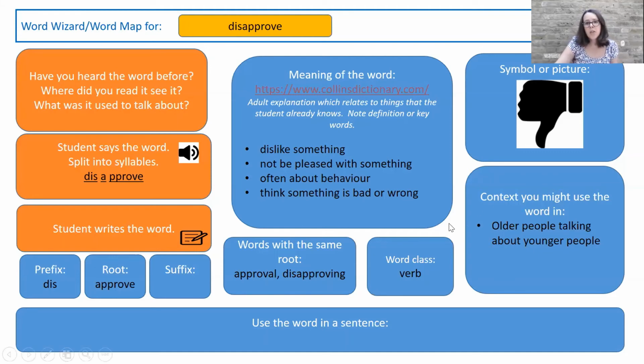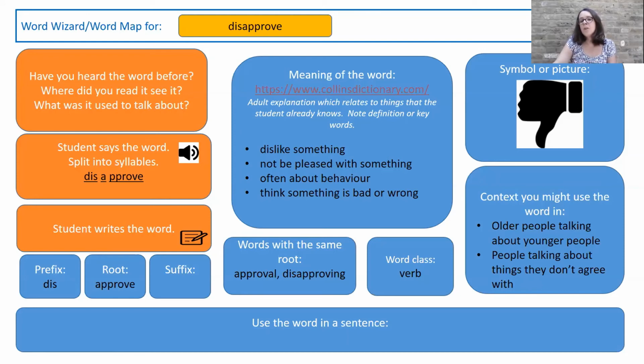The next thing you're going to do is to get them to think about what kind of context they might come across this word in. And I've put, I don't know if you would agree with this, but older people talking about younger people, there can be a sense of disapproval sometimes, but also younger people can disapprove of things that older people do as well.